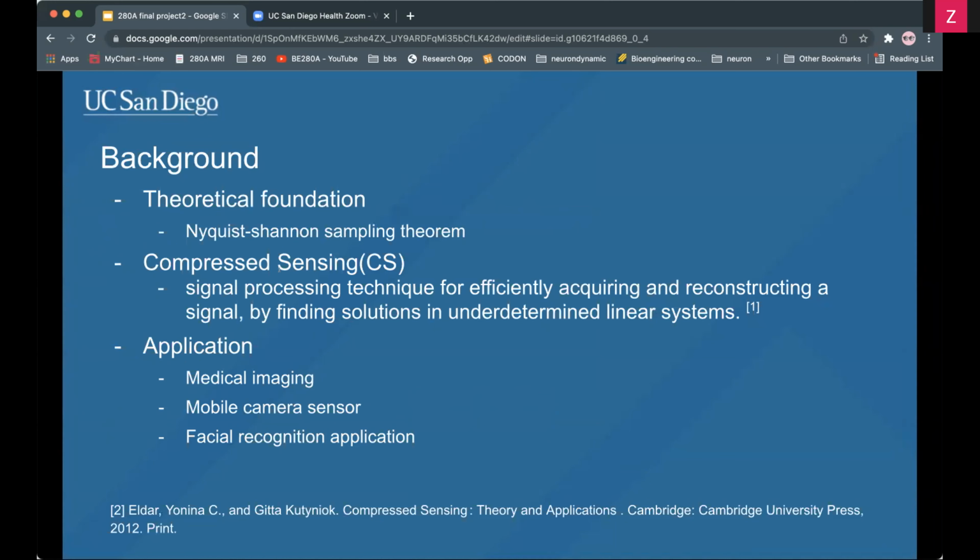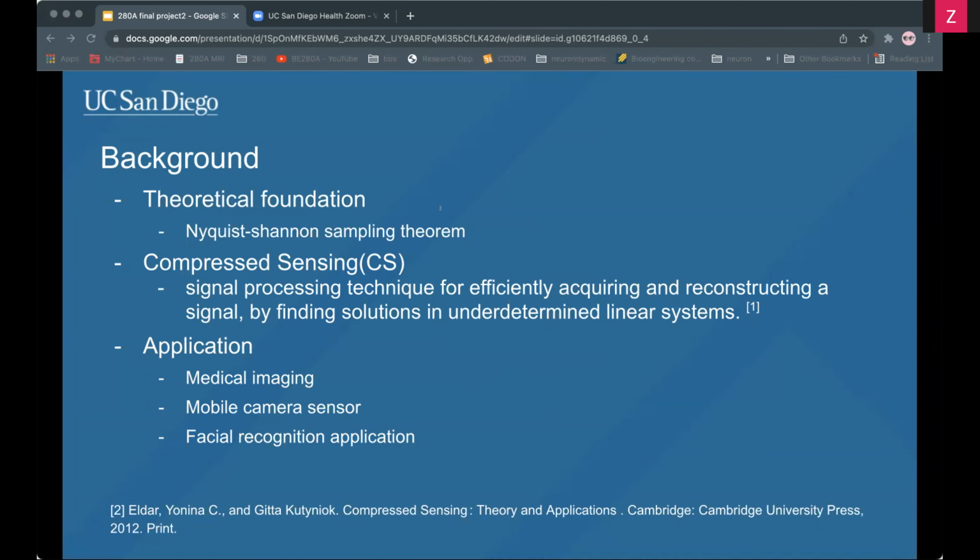So the idea of compressed sensing originated from the Nyquist sampling theorem, which we'll mention a little bit later in our slides. Compressed sensing is a signal processing technique for efficiently acquiring and reconstructing a signal, finding solutions in underdetermined linear systems.